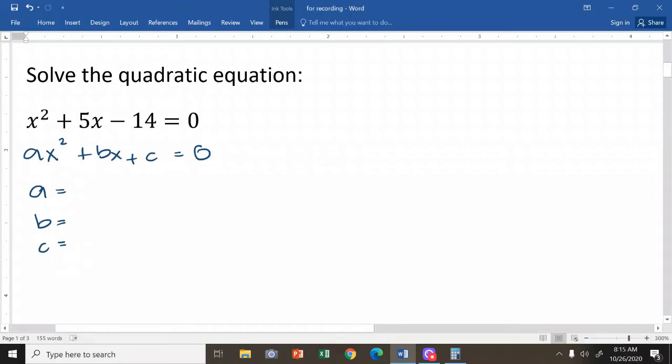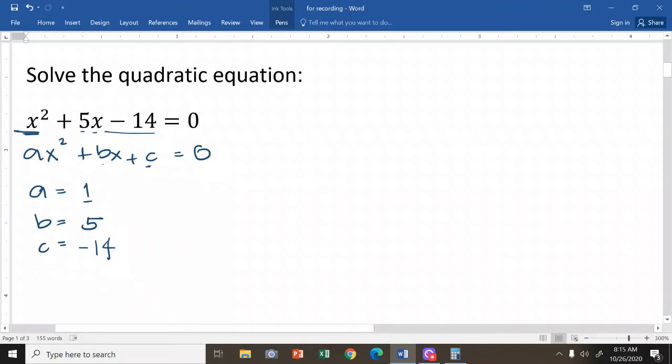Ang a natin is equal to 1 kasi yung coefficient ng x squared is 1. Sa value naman ng b, ang coefficient ng x is 5. And then yung value ng ating c is negative 14.